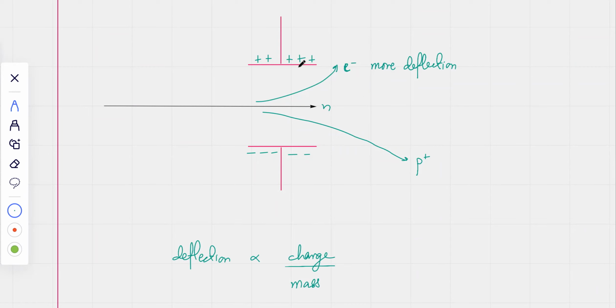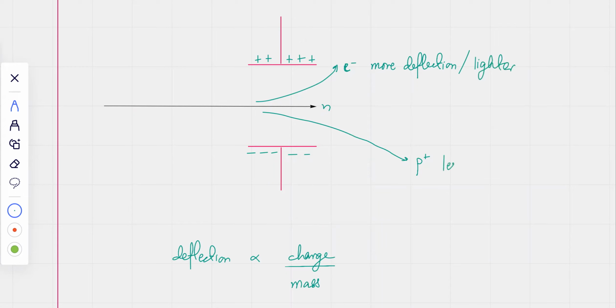Like if something has +2 charge, then it's going to get attracted more. If something has -5 charge, it's going to get attracted to the positive plate even more. And it's inversely proportional to mass, which means that heavier particles get deflected less, and lighter particles get deflected more.